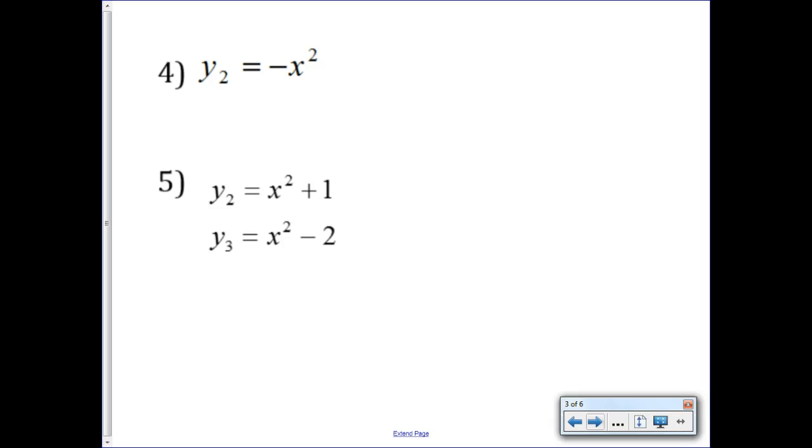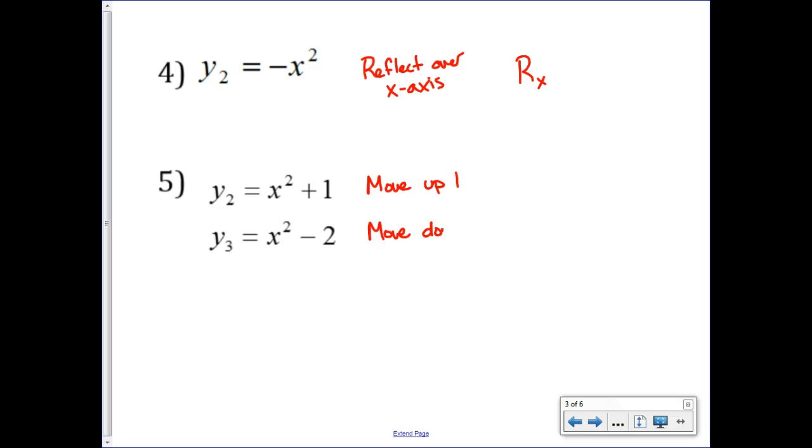So how it compares to the original x squared, this one reflected over the x axis. Shorthand to write that is r with an x in the subscript. And then the last one, this one moved up 1, and this one moved down 2.